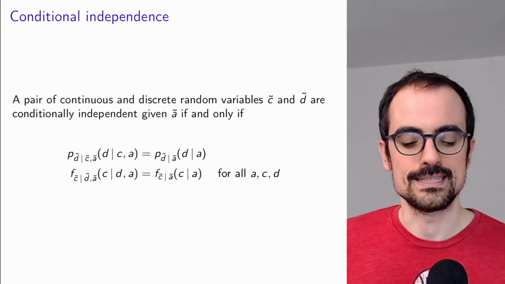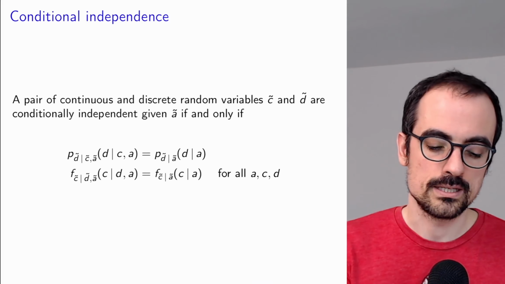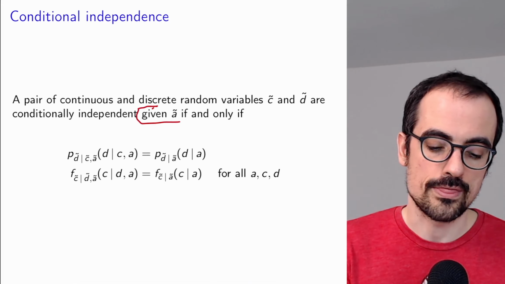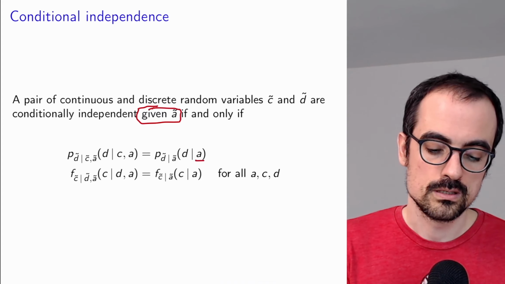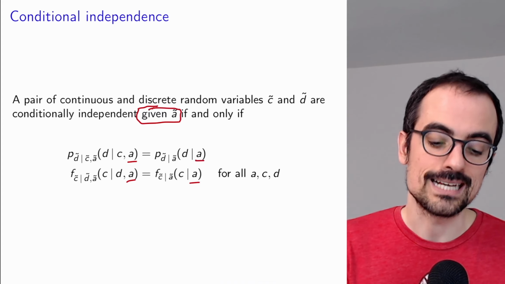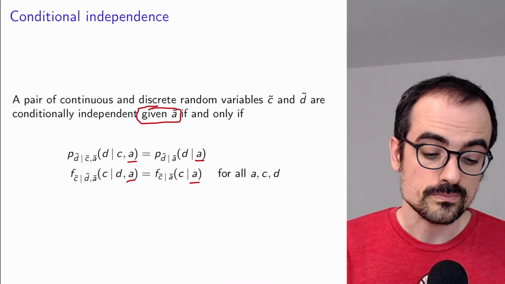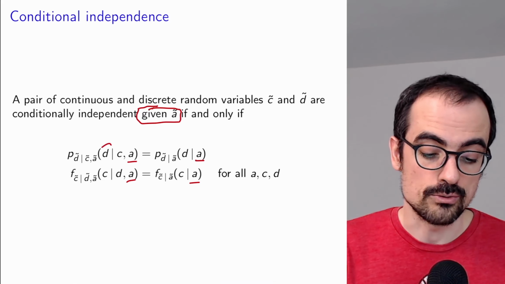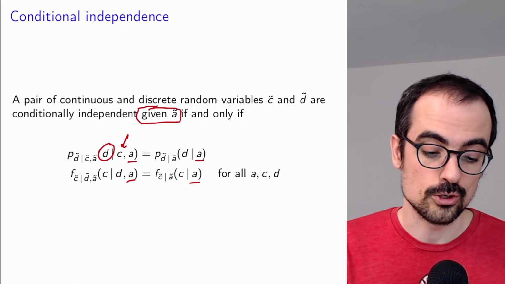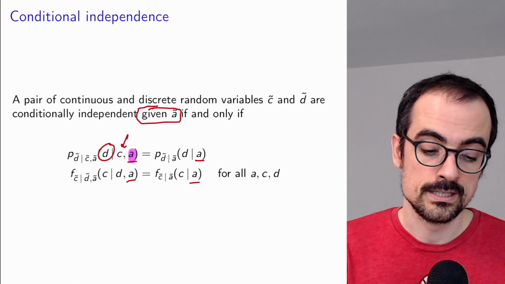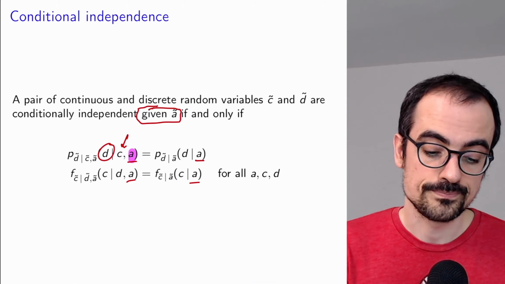You could also define exactly the same thing, but while conditioning on a third random variable, in this case a random variable A. In that case, you would have that the conditional PMF of the discrete random variable given the continuous random variable and also this additional variable is the same as the conditional of the discrete random variable given the additional random variable.